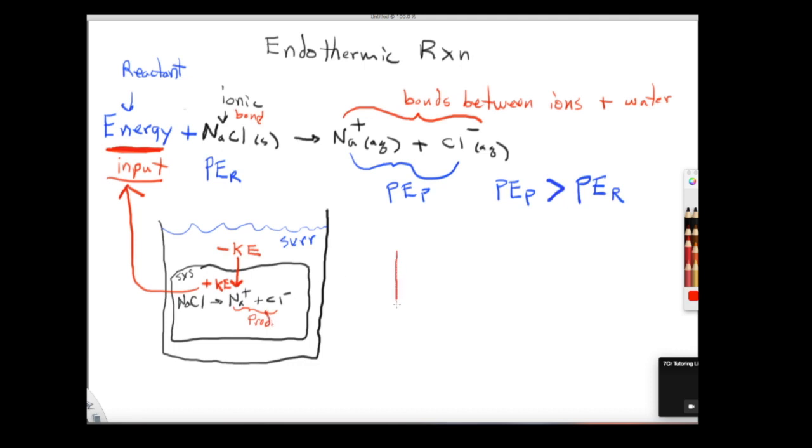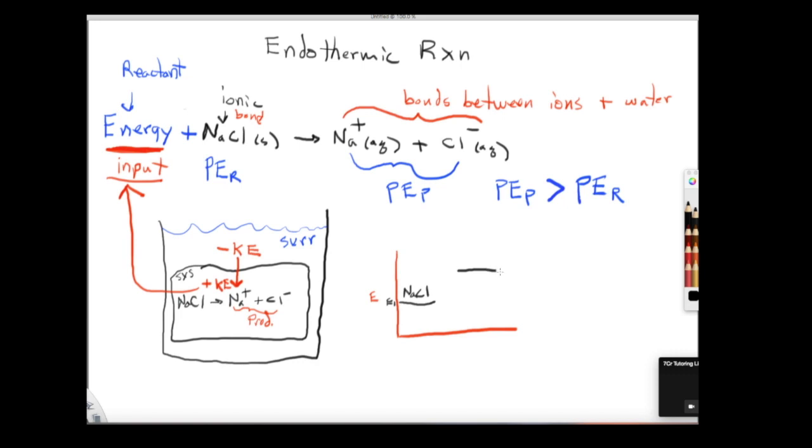Now, if we draw a graph of this, it's going to look different than the last example. Have our energy here. We can put our reactants, just choose a place. This is going to be E1. That just represents the compositional potential energy where we're starting.